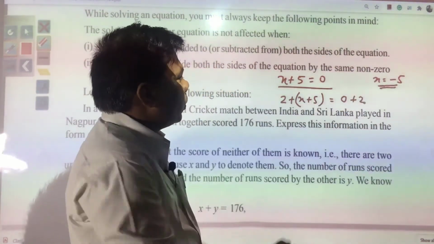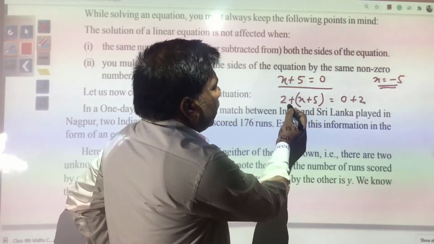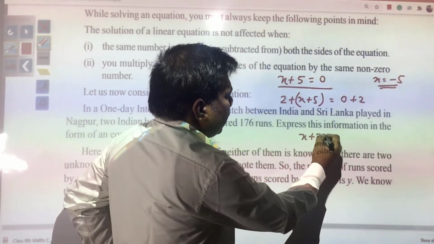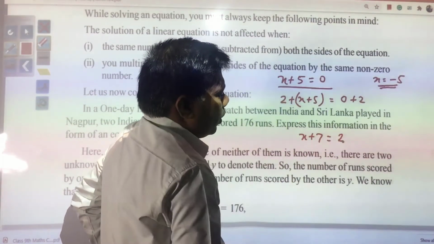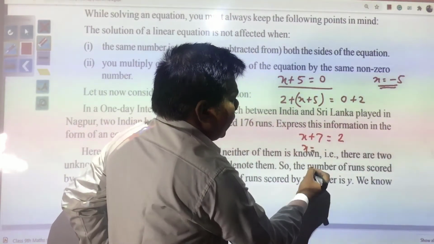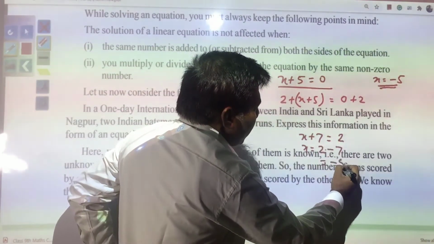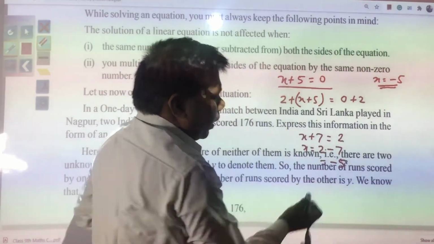In this case, find out what you get. 2 plus x plus 5 becomes x plus 7, which is equal to 2, and x will be equal to 2 minus 7, which is minus 5. x is equal to minus 5.